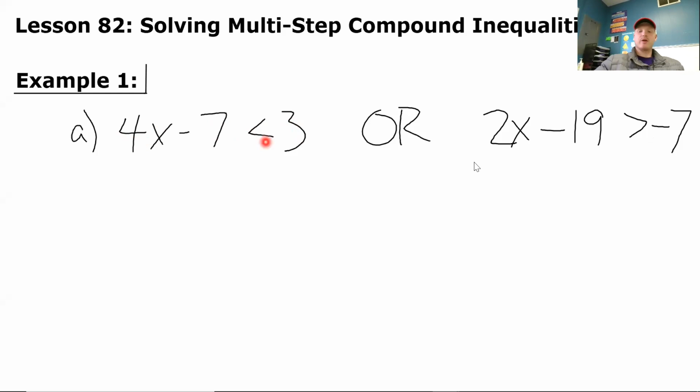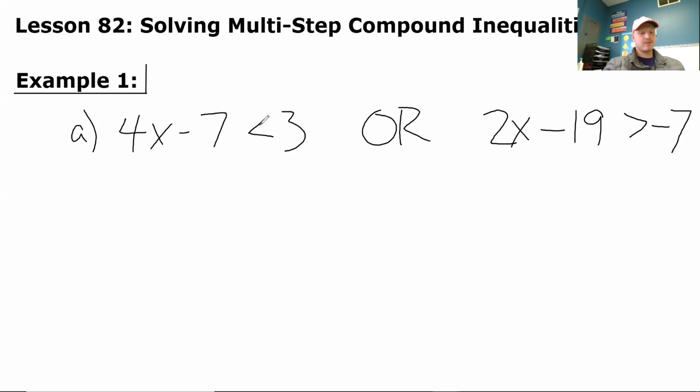Then we're also going to do this separate inequality, 2x minus 19 is greater than negative 7. When we do those, we are going to then graph them on our number line, like I showed you in warm-up problem number 4, okay? So let's get started here.